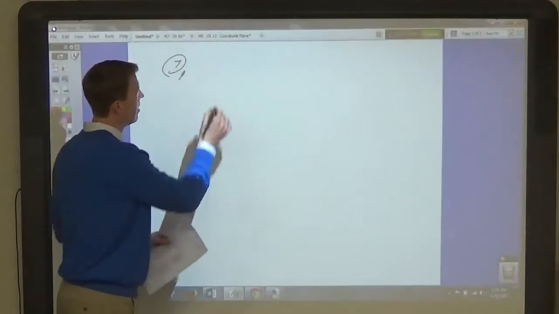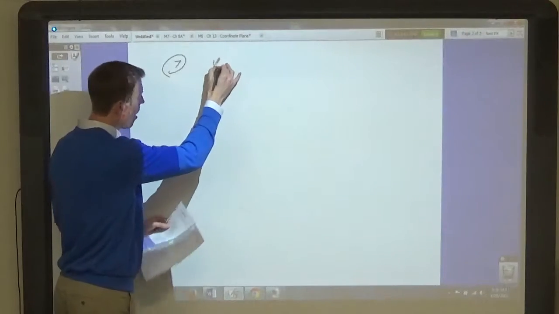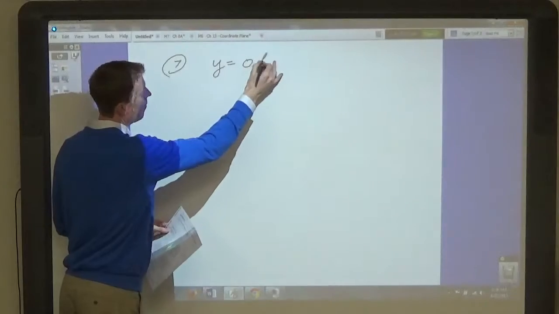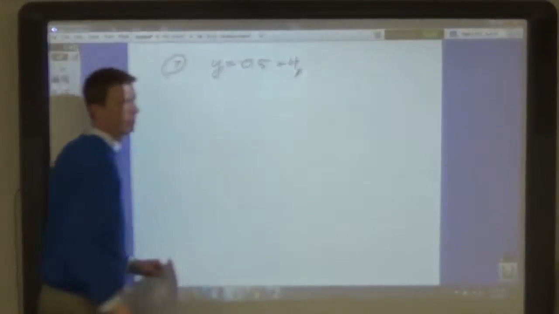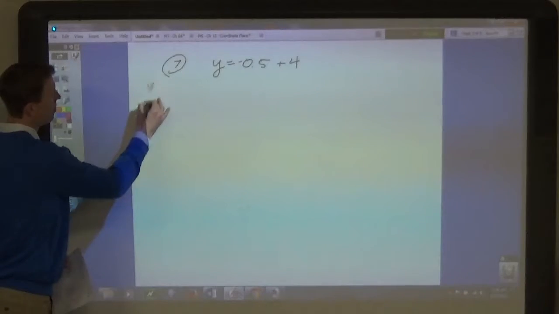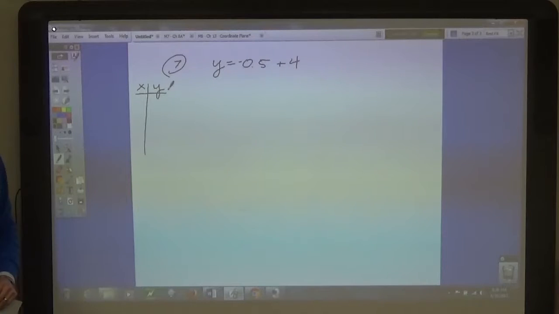You're given the equation, pay attention here. You're given the equation y is equal to 0.5, actually it's negative 0.5 x plus 4. And then over here is the x and y chart, okay?